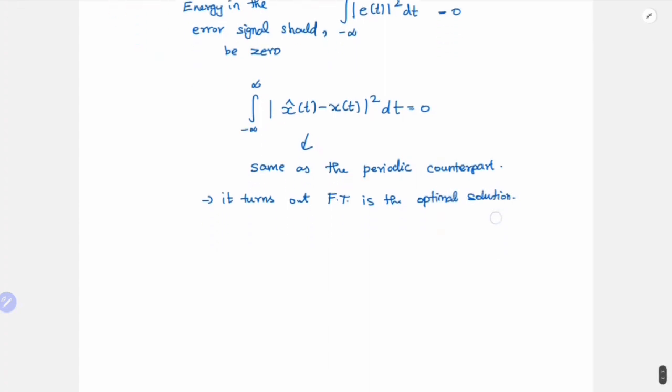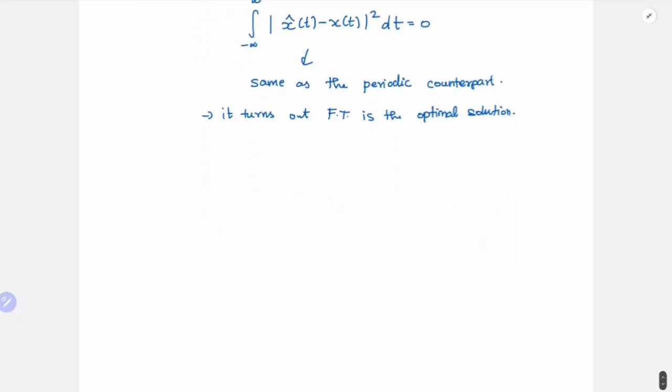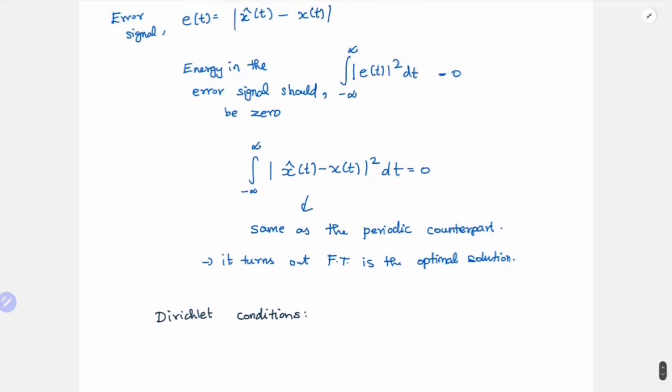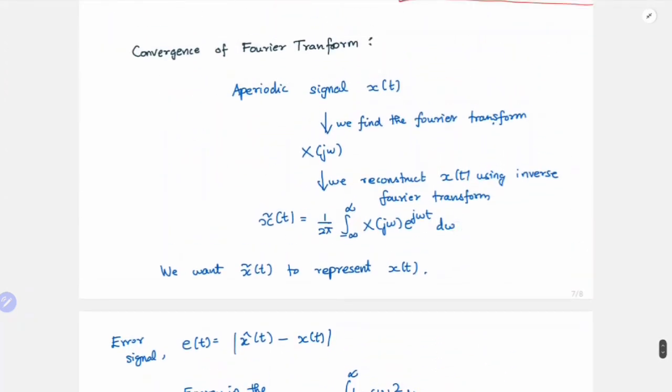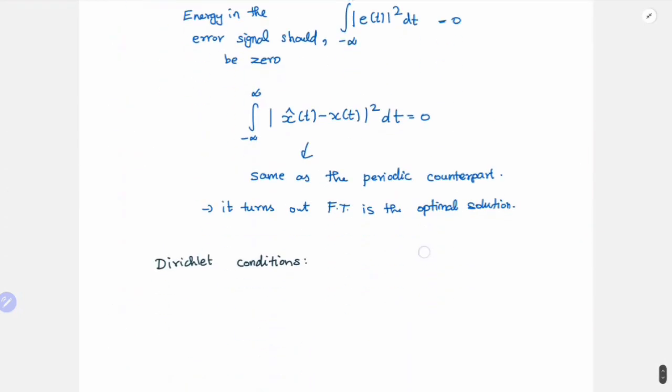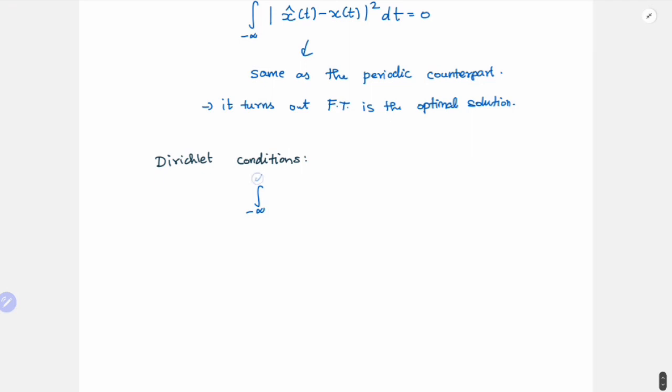So apart from this, we have the Dirichlet conditions. It is also going to be the same, because at the end we want this X(jω) to be finite, which is nothing but the integral from minus infinity to infinity of x(t) e^(-jωt) dt. We want this integral to be valid.